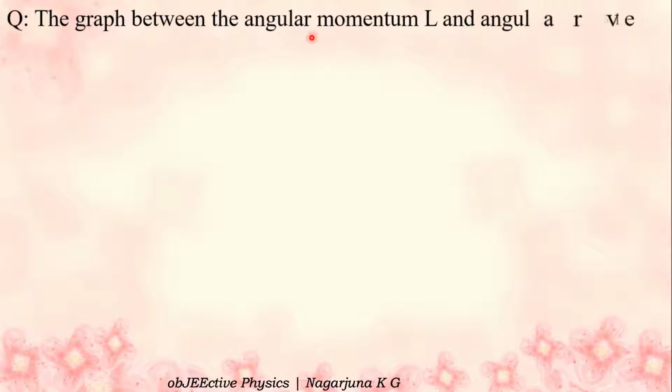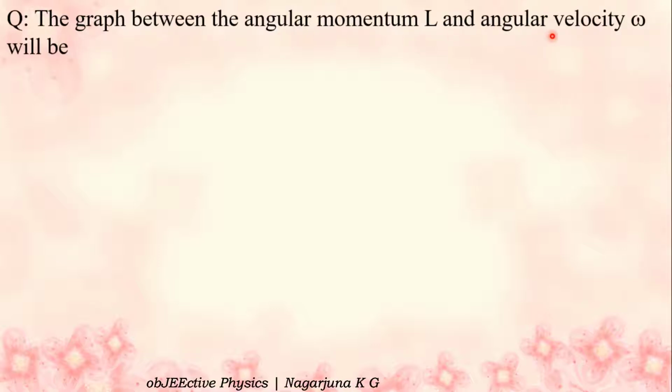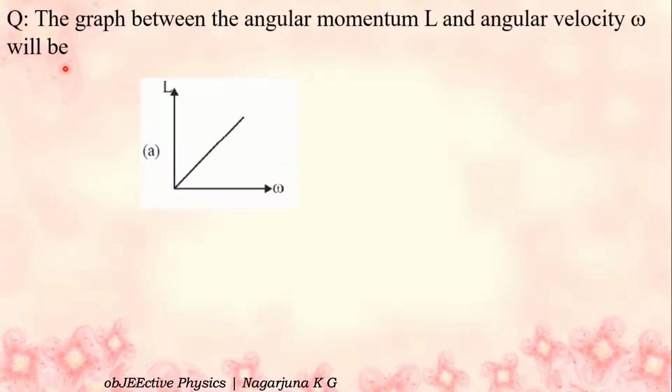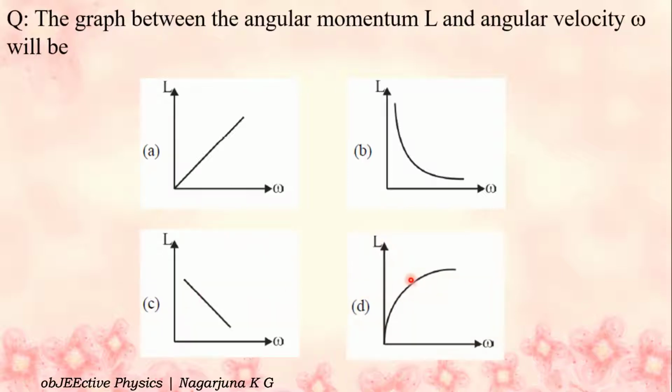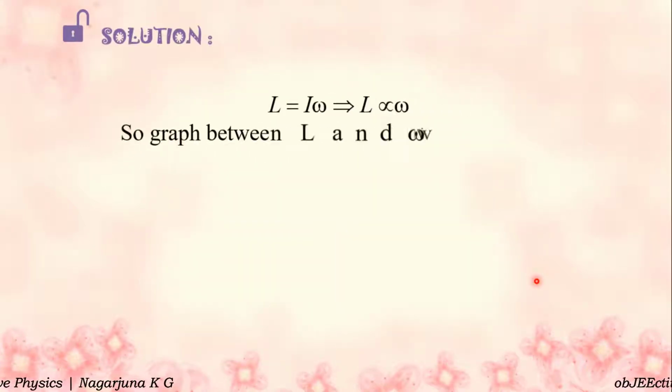Next question. The graph between the angular momentum capital L and angular velocity omega will be. First option, second option, third option, and fourth option. Solution.